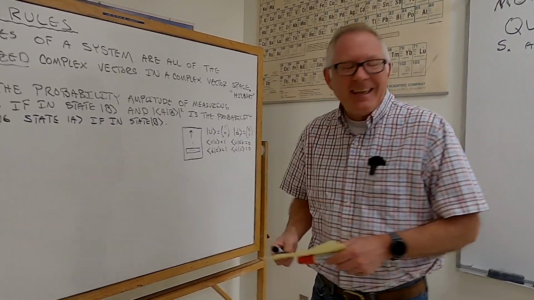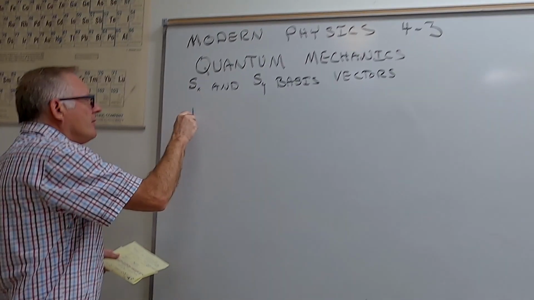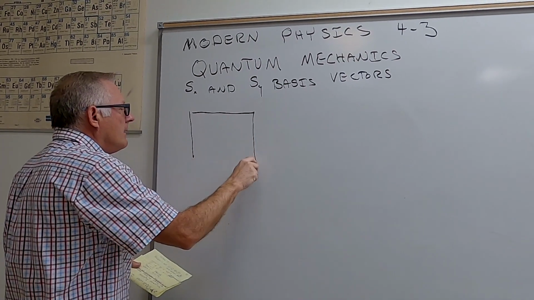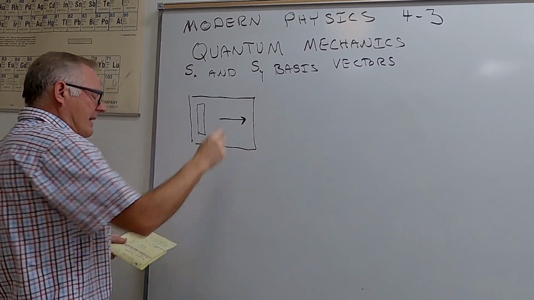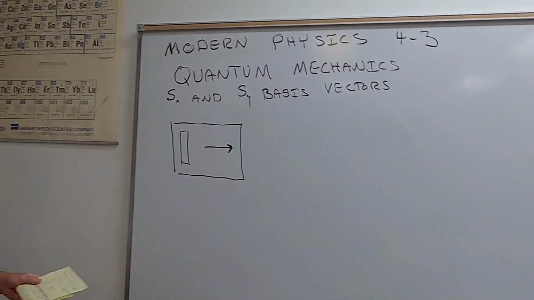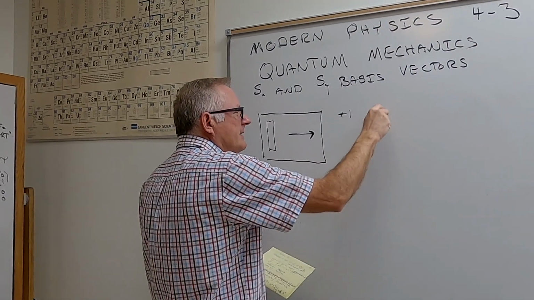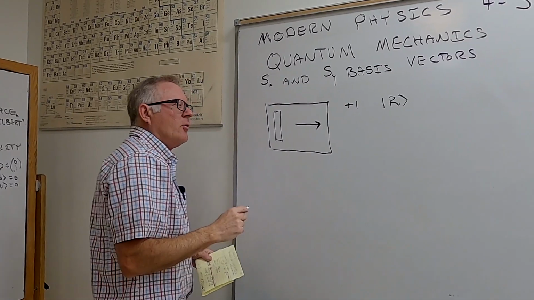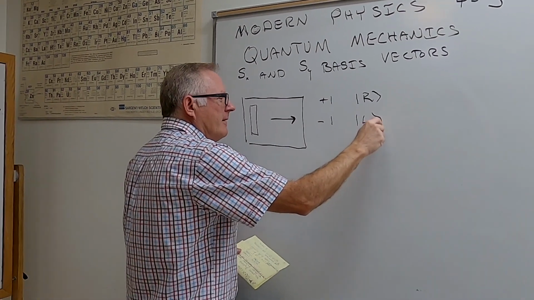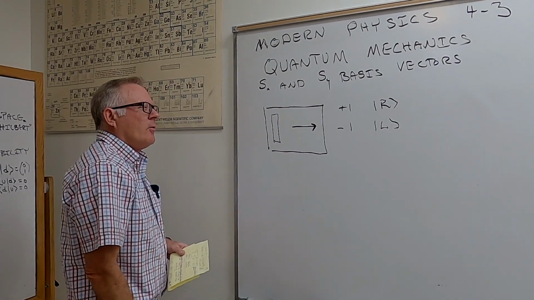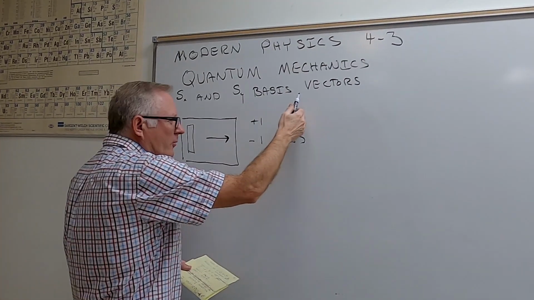Now I want to look at the X basis when we turned it sideways. Remember, when we turned it sideways like this, we said if we get a +1, we called it the right state, and when we got a -1, we called it the left state. Now, we want to know what are the column elements for the right and the left?